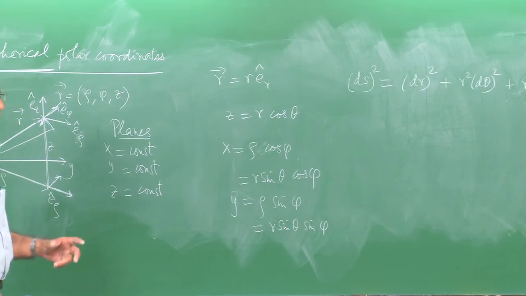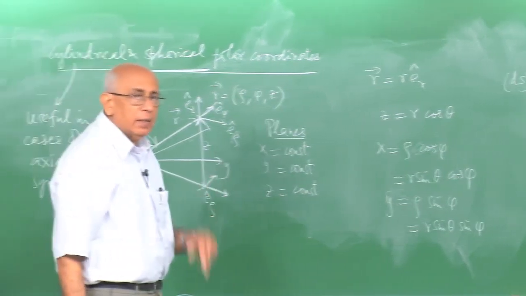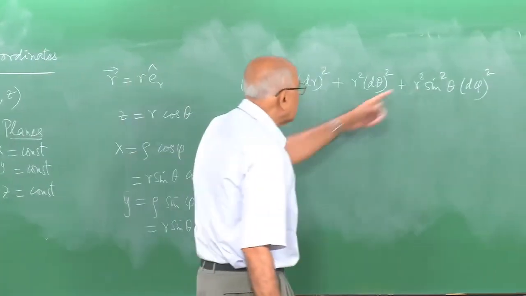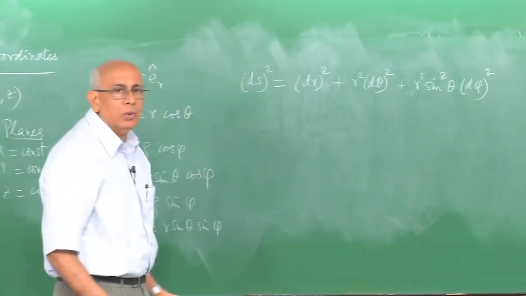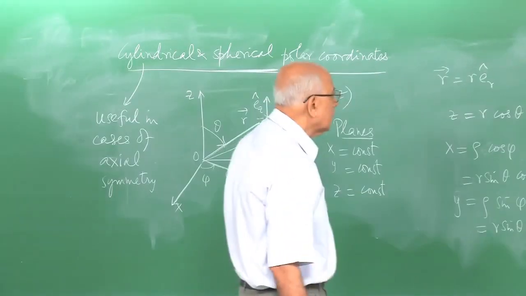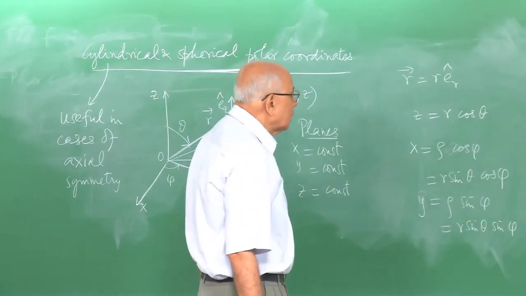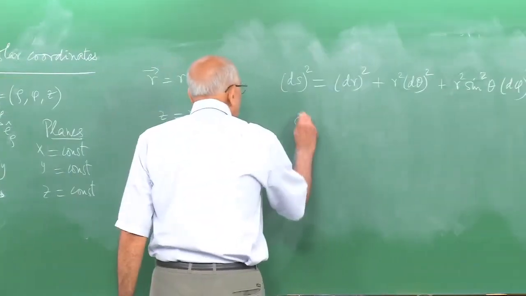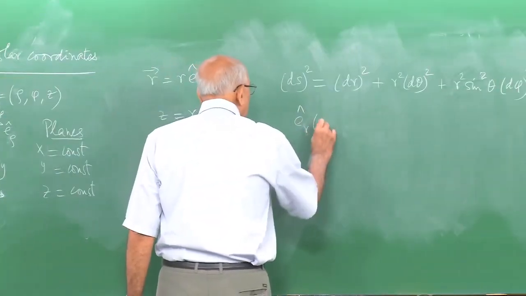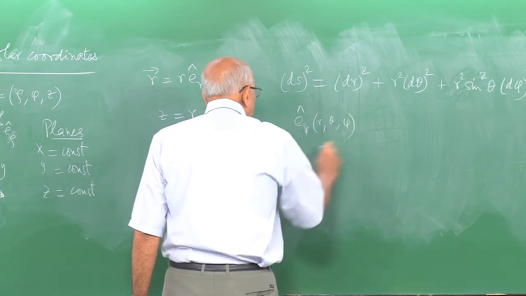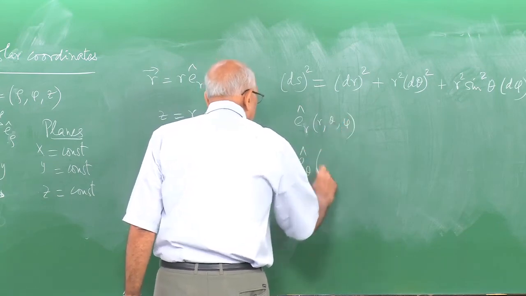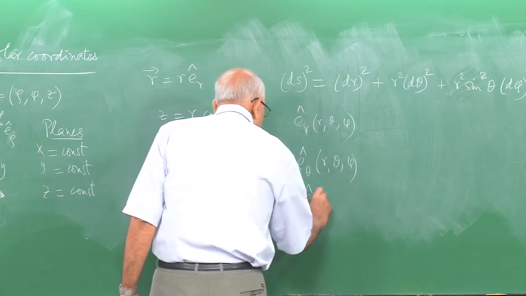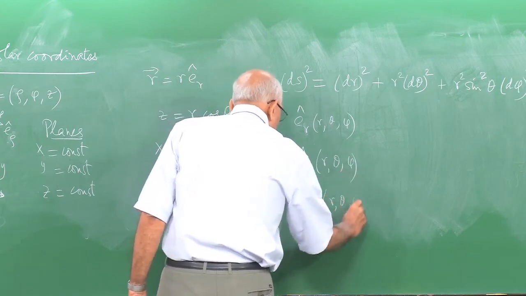We have already seen we have a triad E_r, E_theta and E_phi, and together with this expression for the line element, this tells you all that you need to know about spherical polar coordinates. It is an interesting question to ask, what is the functional dependence of E_r on the position r, theta, phi. Similarly, E_theta on r, theta, phi, E_phi on r, theta, phi.